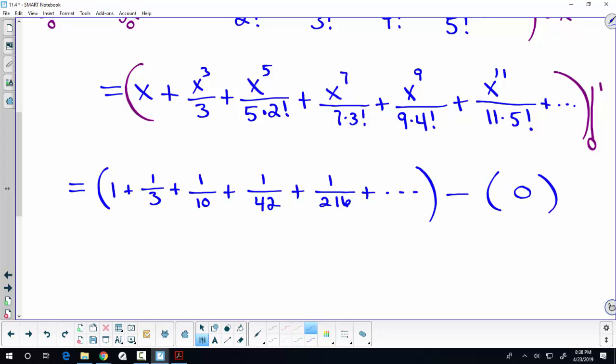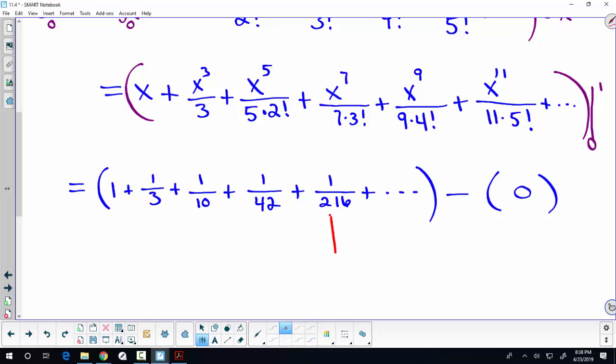And our error, we want it less than 10 to the negative 2. So we just look at which one of these terms. Is 1 over 42 less than 10 to the negative 2? Well, is 1 over 42 less than 1 over 100? Oh, no. Is 1 over 216 less than 1 over 100? Yeah, so we're going to stop here.